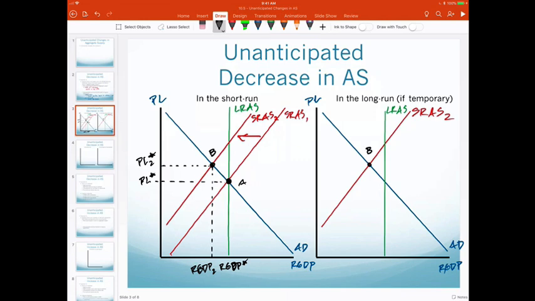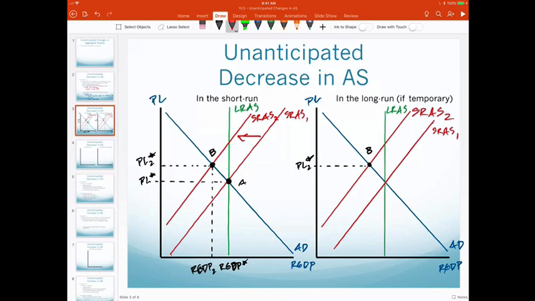Okay. So if it is temporary, what that means is that in the long run, the short-run aggregate supply curve will shift back to where it was before, which goes right through here. SRAS1, right?